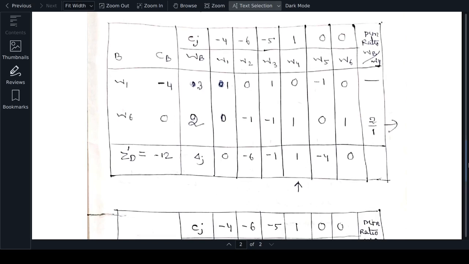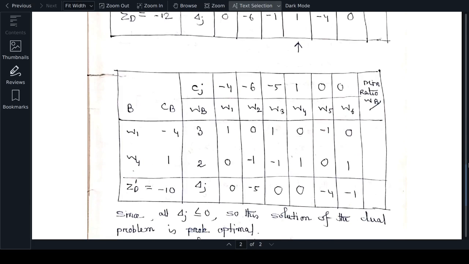So here the first one is 3, second one is 1, then 0, 1, 0, minus 1, 0, 0. So this is always multiplied with 0, so this remains the same.